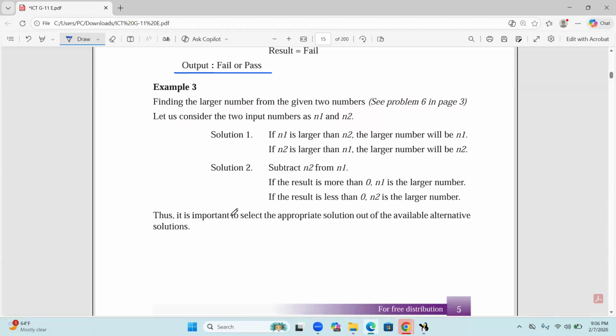So this is how we find the larger number between two numbers. By using these two methods, you can select any of them according to your wish or according to conditions. It's clear now? Yes, sir.